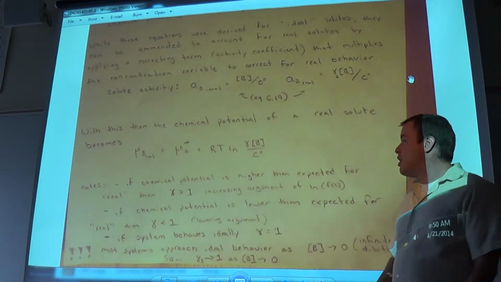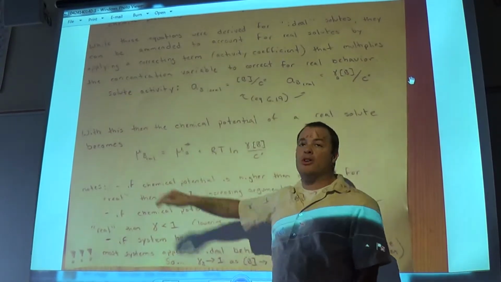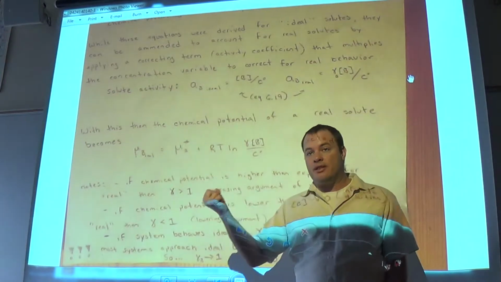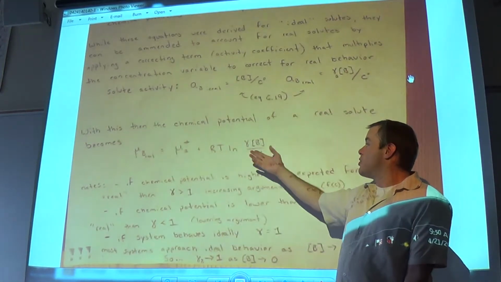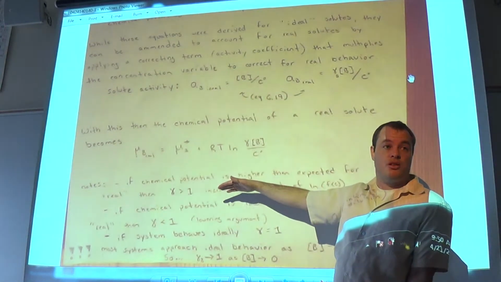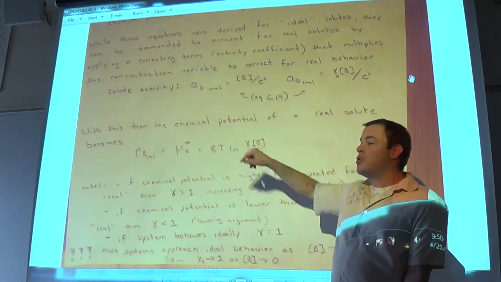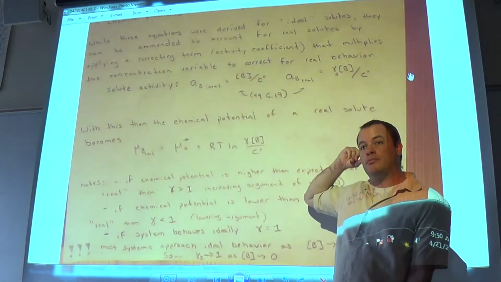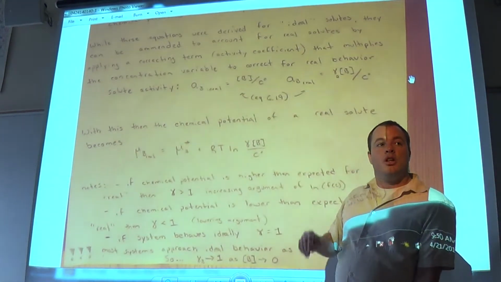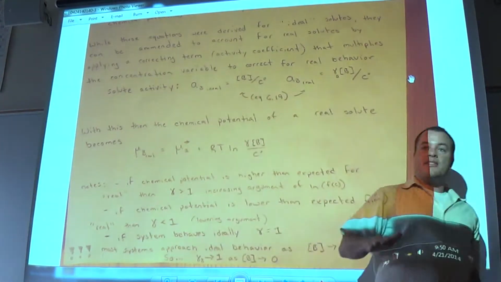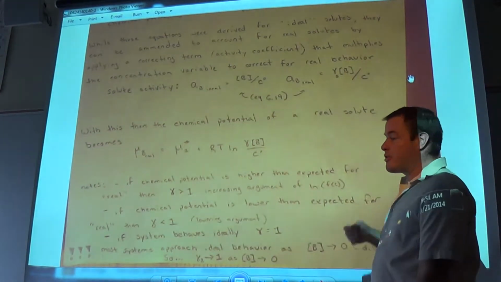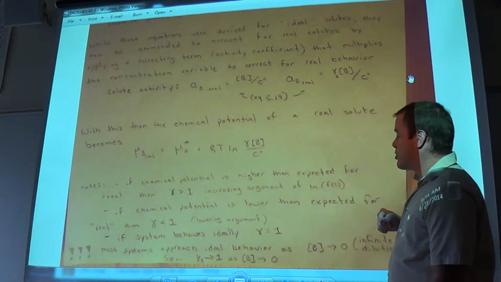Lower chemical potentials means that this whole term needs to be smaller than it would be for a solute obeying Henry's law, because this ion is bound by stronger forces to the solution. So in that case, if we want a lower chemical potential by comparison to Henry's law solutes, what would this coefficient have to be? Greater than, less than, or equal to 1? Less than, right. So that's what I was getting at. For these ions in solution, you expect that the activity coefficient is going to be less than 1 because the ions in solution actually have a lower chemical potential. We're talking about aqueous solution. Generally, they have a lower chemical potential.